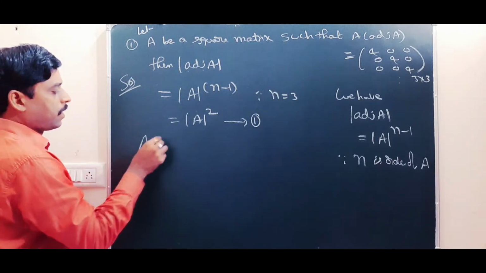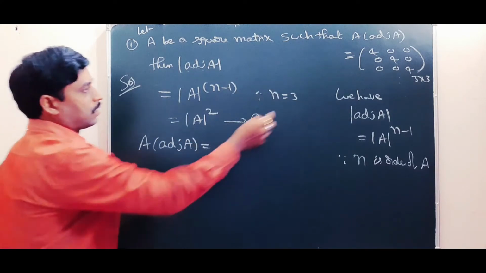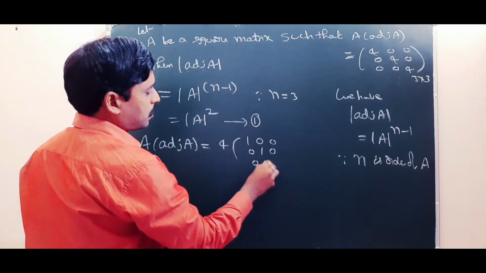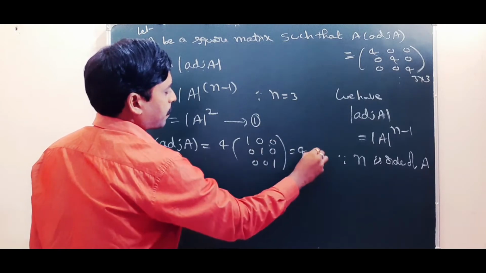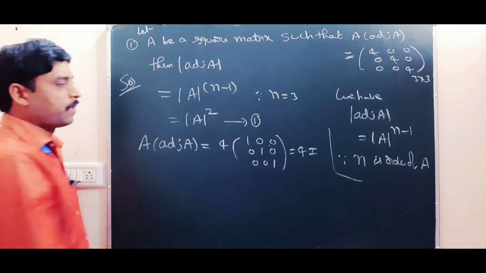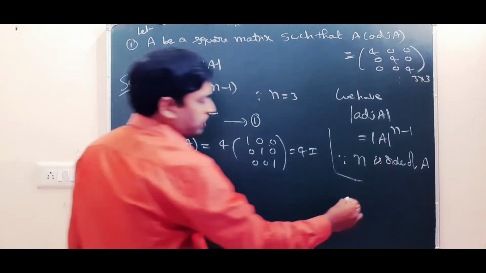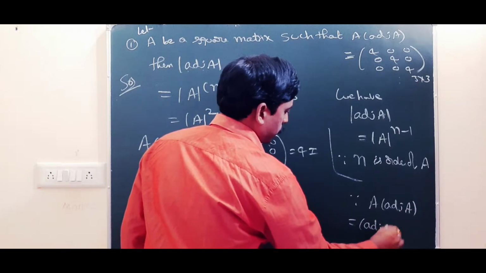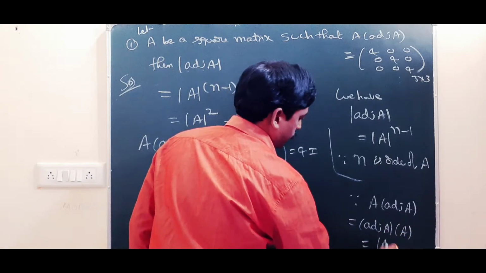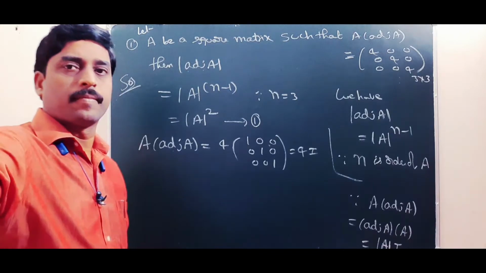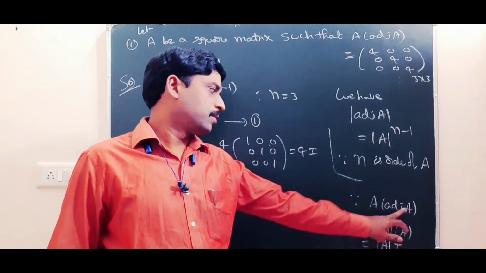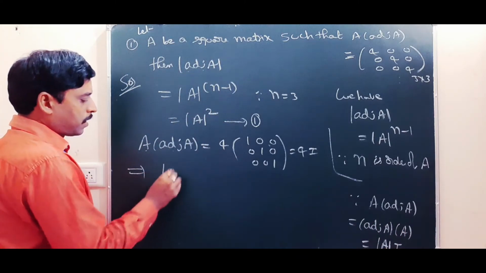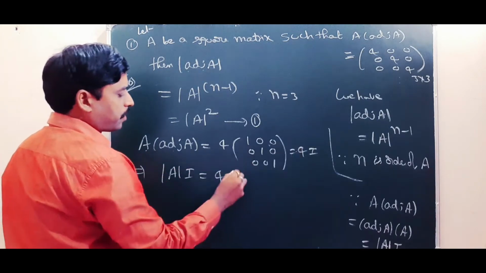What is given? A into adjoint A is equal to, taking 4 common, 4 times the matrix 1 0 0, 0 1 0, 0 0 1, which is nothing but 4 times the unit matrix I. But we know A into adjoint A is equal to adjoint A into A, equal to determinant A into I. So A into adjoint A is determinant A into I, and it is 4 times the unit matrix.